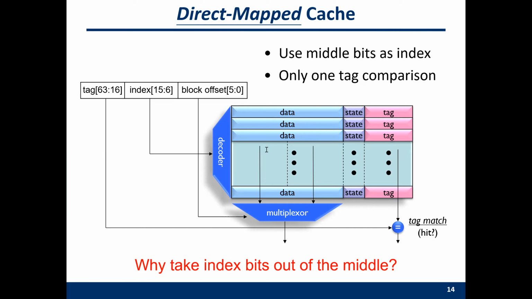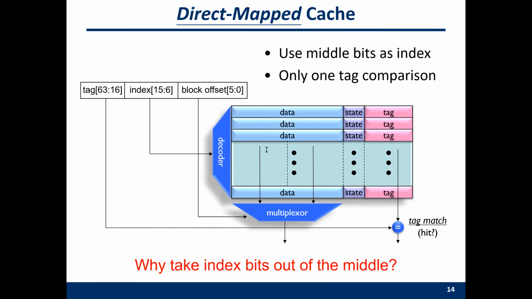The lookup operation is very simple. You just do a mod operation, and then you go to that particular entry. There is only one possible location for each address in this so-called direct mapped cache. Any questions? Yes. Do the mod operation based on the number of blocks you have?